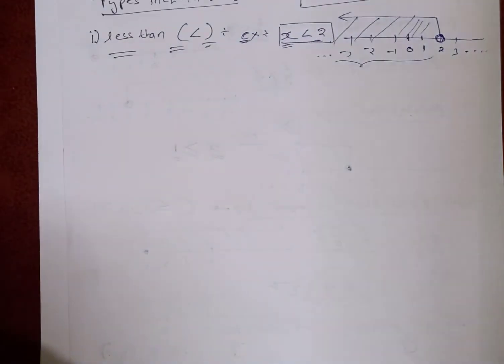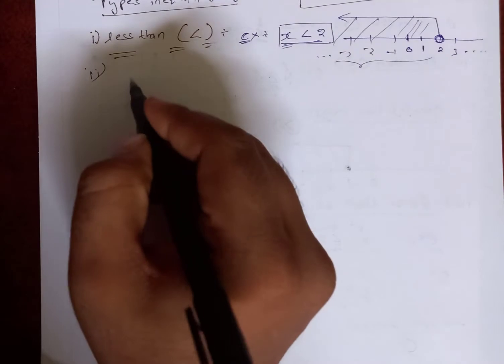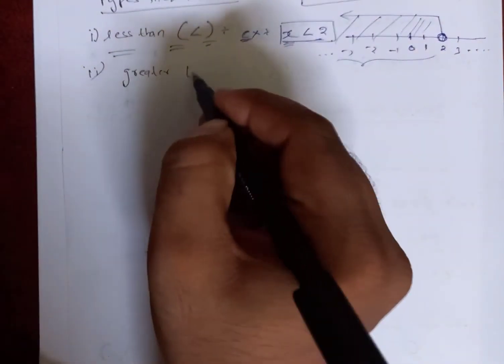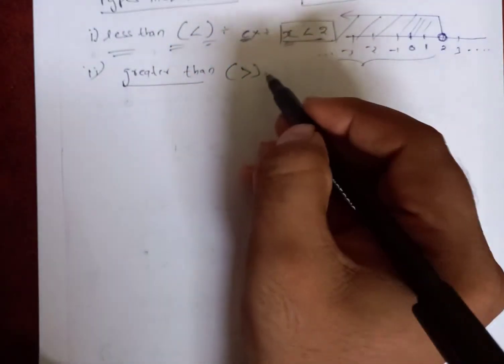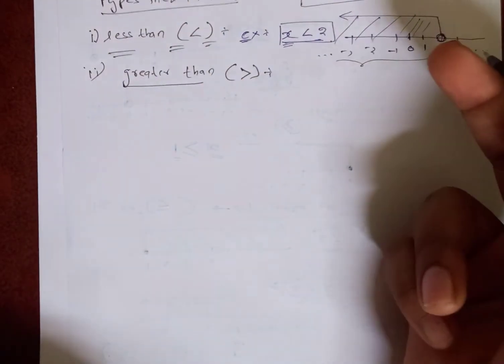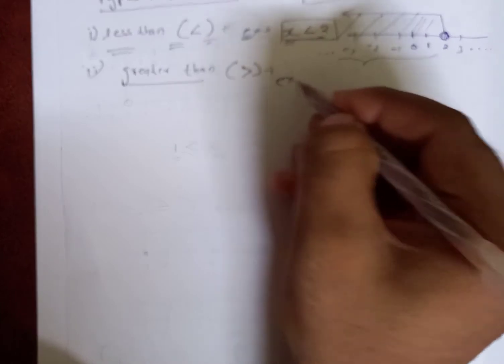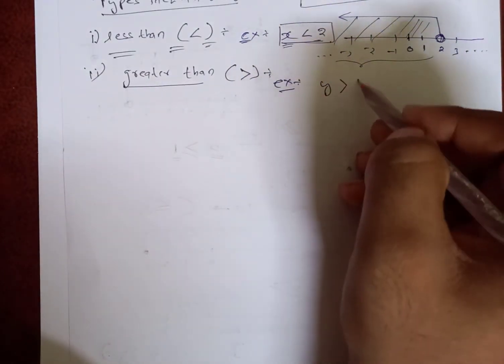Let's move ahead. The next one was greater than, and its symbol was this, friends. This implies that some number is greater than some other number. For example, some variable y is greater than 4.